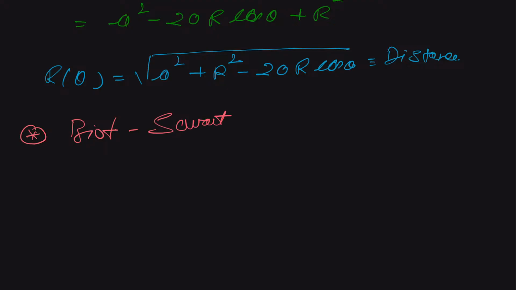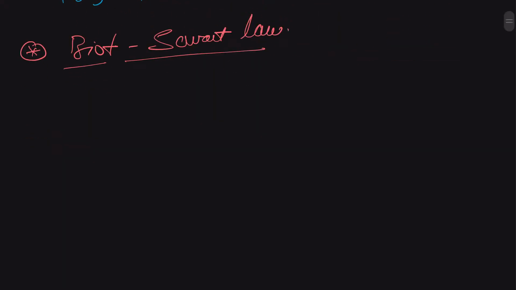This law gives us that the magnetic field dB will be equal to mu naught upon 4 pi, I multiplied by the current element dl cross product with R, divided by R whole cube.